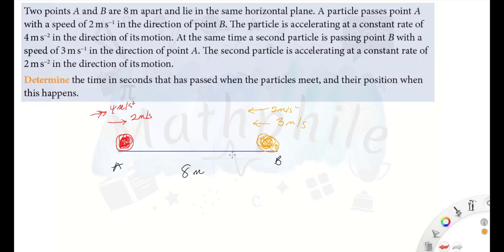Similarly, if they met when A traveled a distance of 6 meters, what would have been the distance covered by B? 2. Okay, so use that basic idea.